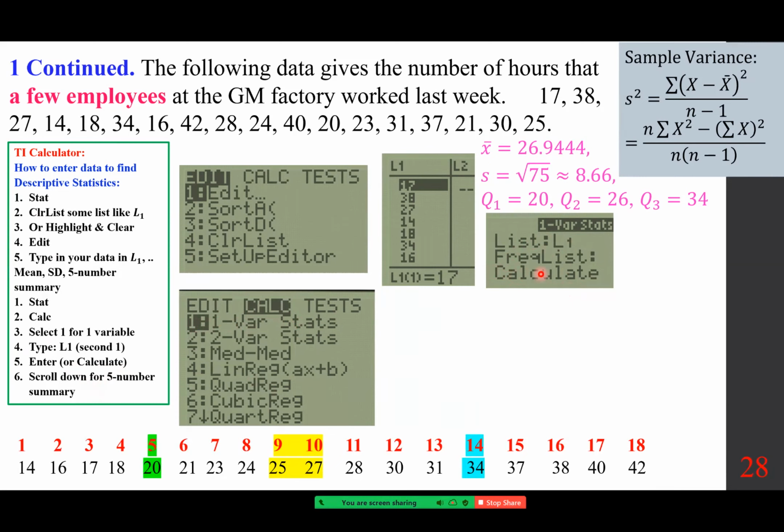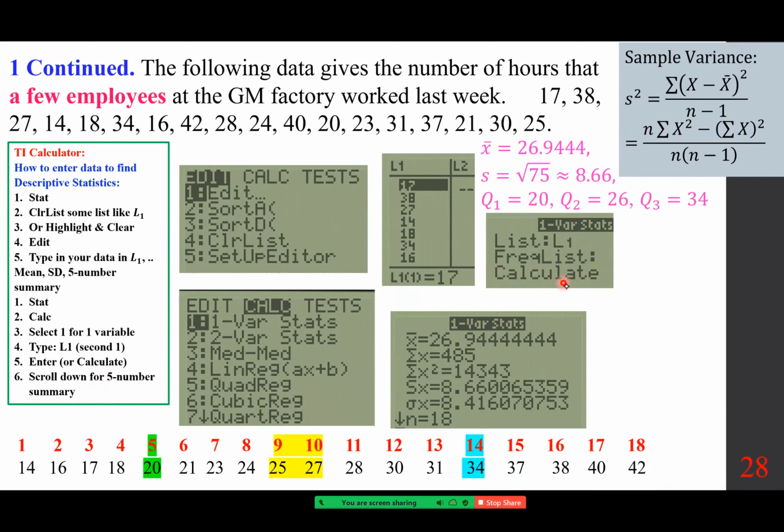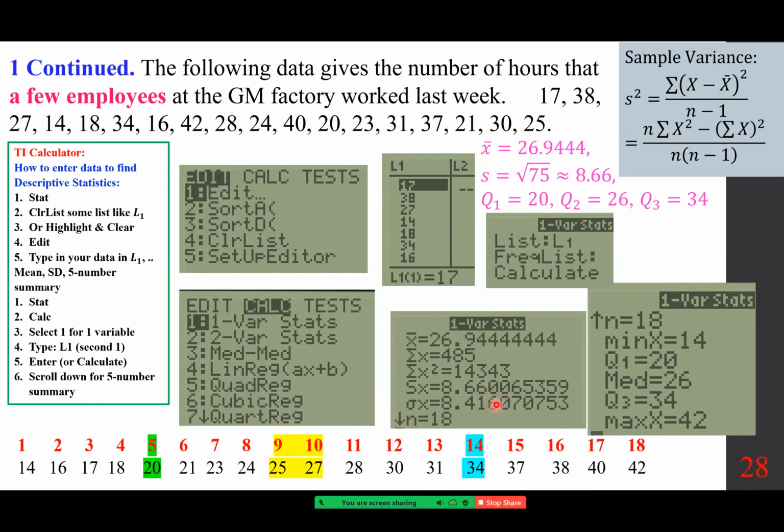And when you get to calculate, you press enter. It will show you the following. And you see the arrow. You enter. So you see this and you see this. Now, what does it mean? Take a look.